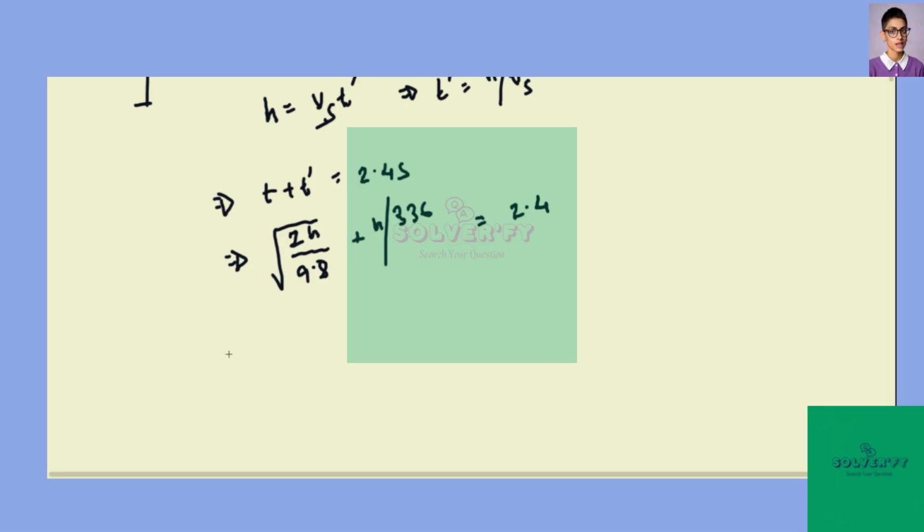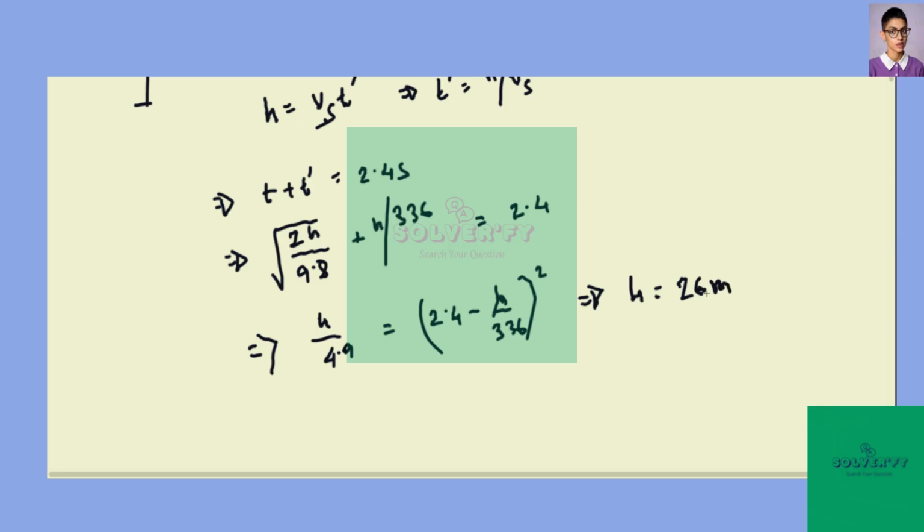So from here we will have square root of h over 4.9 equals 2.4 minus h over 336. Solving it, we get the height to be 26 meters.